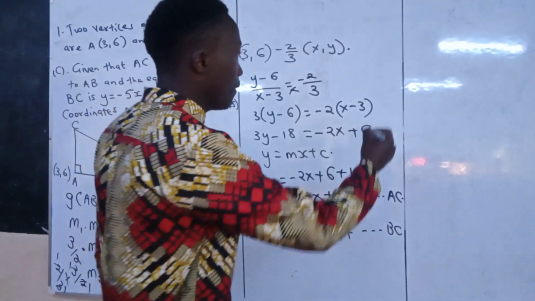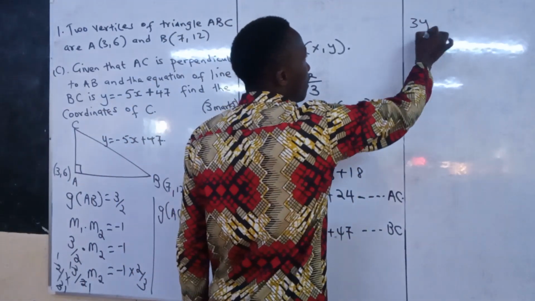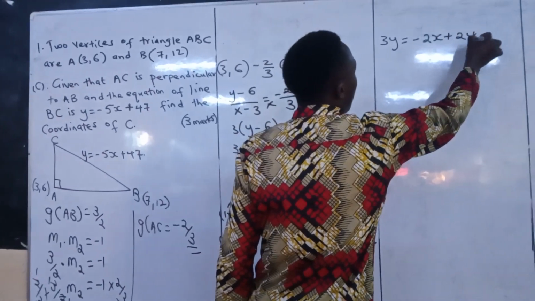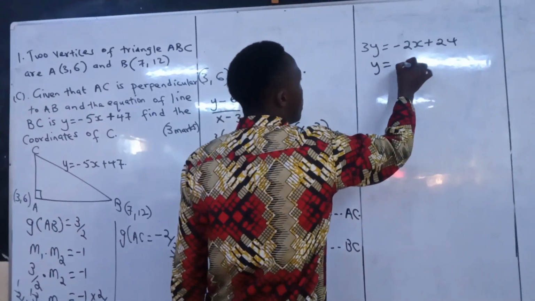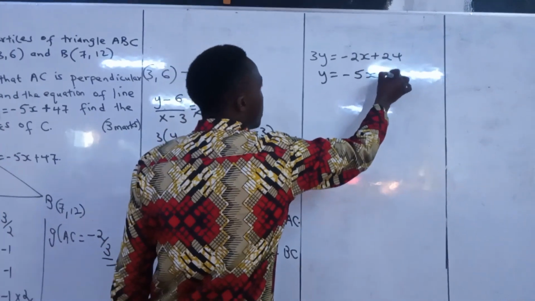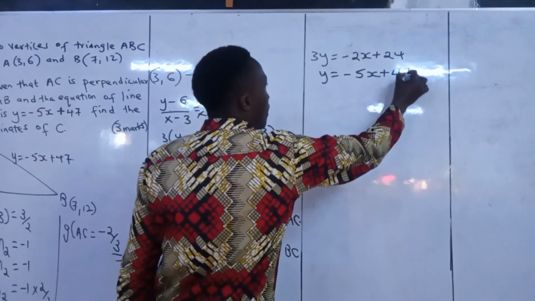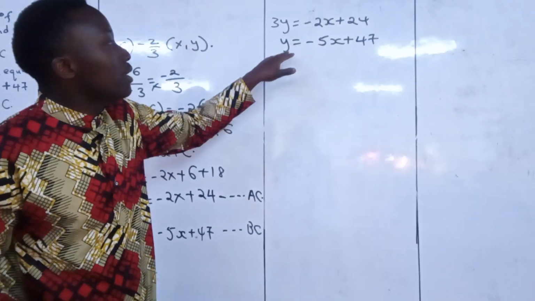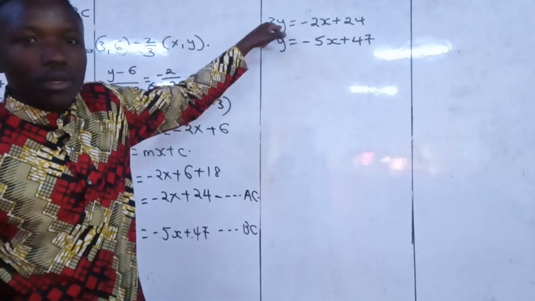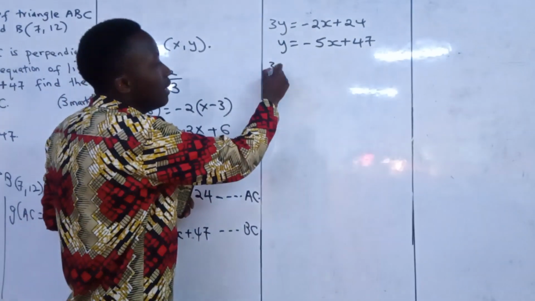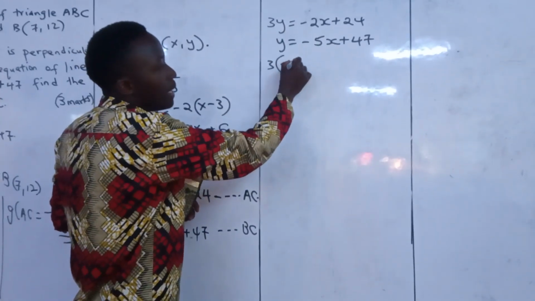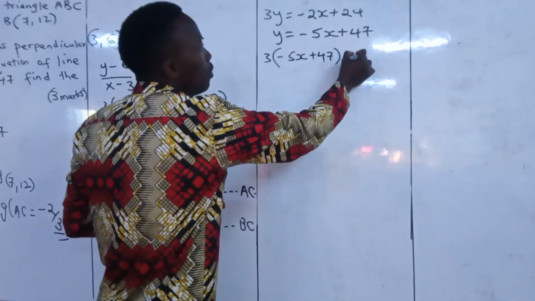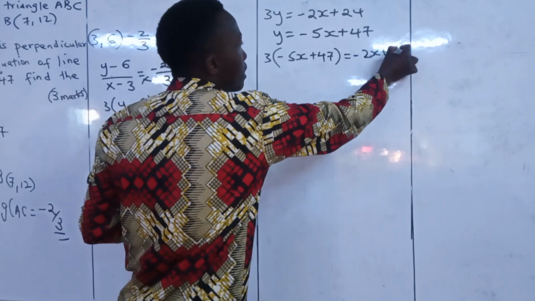We will have 3y is equal to negative 2x plus 24, and we have y is equal to negative 5x plus 47. Since this is the value of y, we can substitute this value of y into our first equation to have 3 into brackets minus 5x plus 47 is equal to minus 2x plus 24.